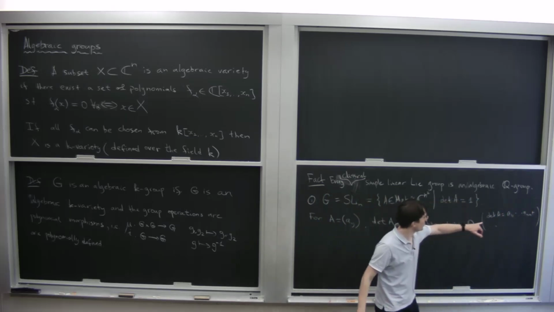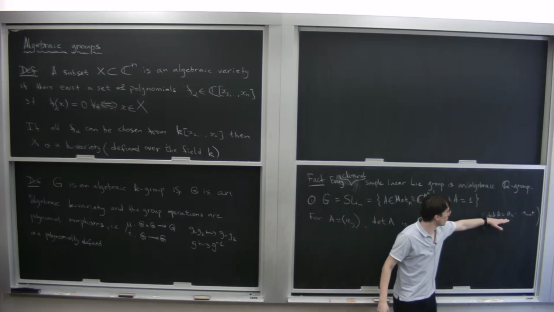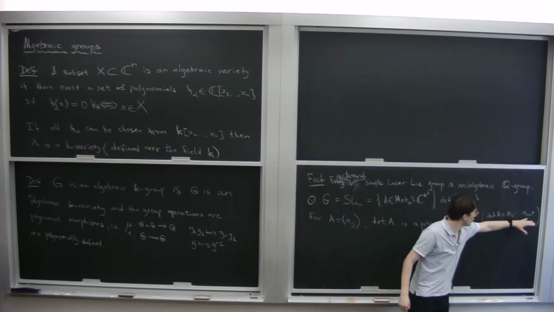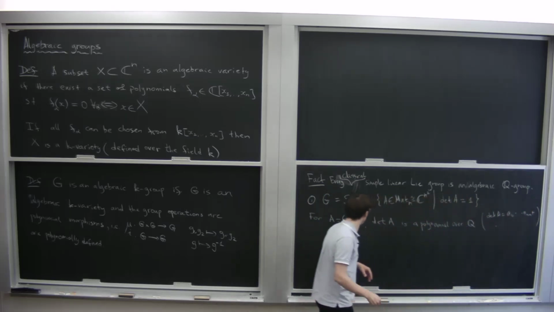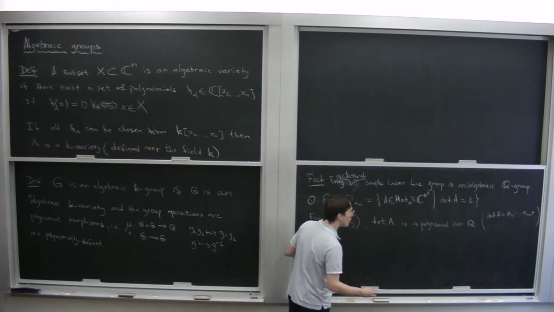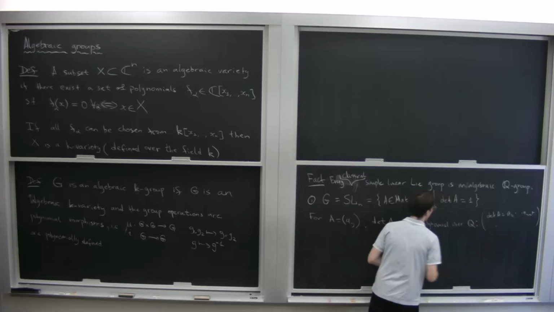Okay, so you see, the determinant of A as a function with respect to coordinates A11 and so on, ANN. So here, this is an explanation, right?